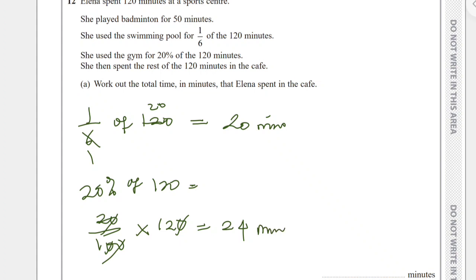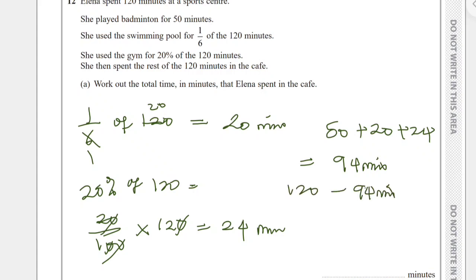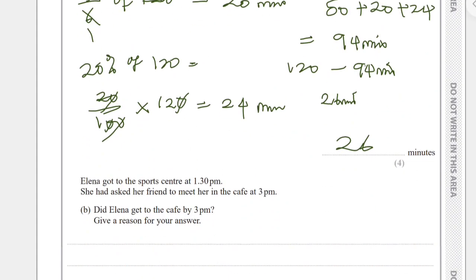The total minutes spent is going to be 50 plus 20 plus 24, which equals 94 minutes. So 120 minus 94 minutes: 94 up to 100 is 6 minutes, so that will be 26 minutes. So she spent 26 minutes at the cafe.